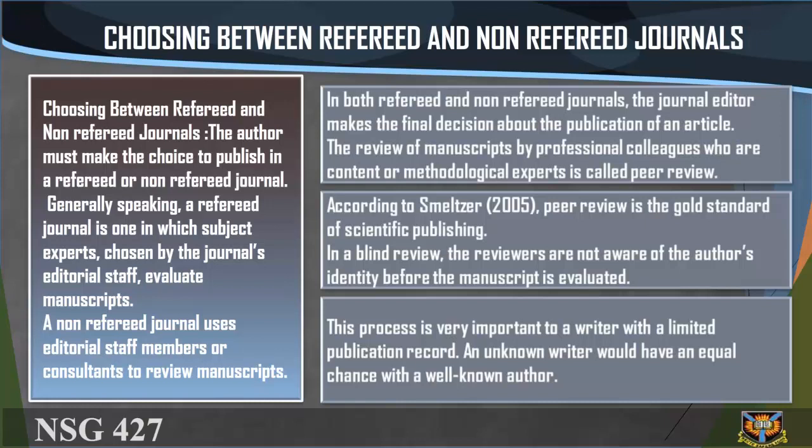The author must make the choice of publishing in a refereed or non-refereed journal. Generally speaking, a refereed journal is one in which subject experts chosen by the journal's editorial staff evaluate manuscripts. Non-refereed journals use editorial staff members or consultants to review manuscripts.